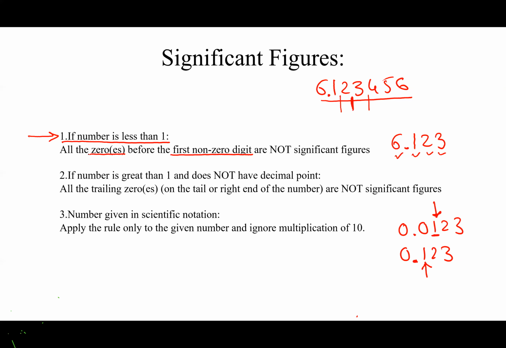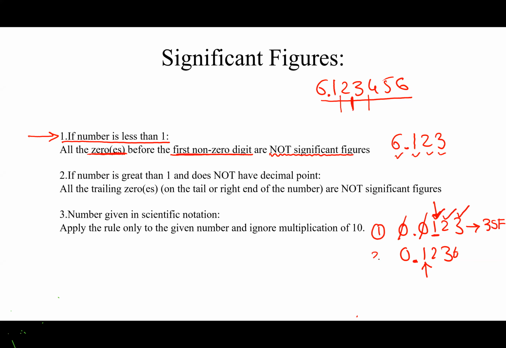All the 0s before that first non-zero digit are not significant figures. If I ask you how many significant figures you have for example 1, you're going to say this 0 is not significant, this 0 is not significant. It means the 1, 2, and 3 digits are significant. So there are 3 significant figures in the given number. All right.